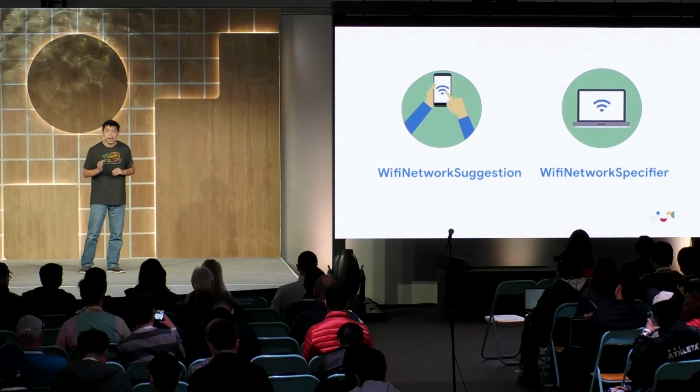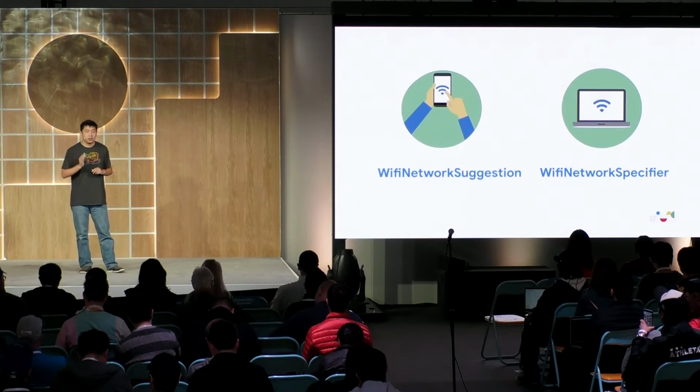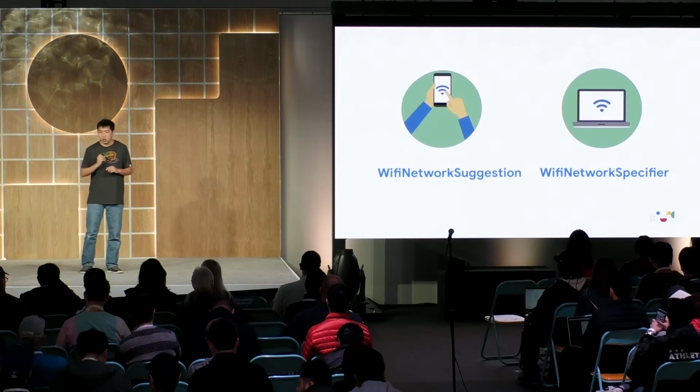So to solve this problem, on Android Q, we're introducing two new Wi-Fi APIs, Wi-Fi Network Suggestion and Wi-Fi Network Specifier. Using these APIs, the application can tell the Wi-Fi system what Wi-Fi devices they want to connect to, and the Wi-Fi system will do the scan and decide whether to connect to those devices when they are in range.